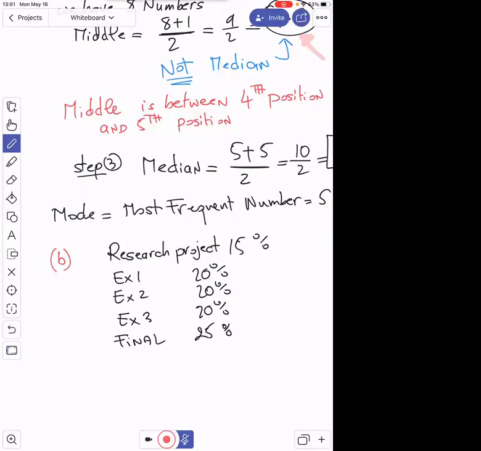So the percentages here, guys, are the weights. That's why I call them the weights. Like the weight of the research project is 15% because it's worth 15%, okay, etc.